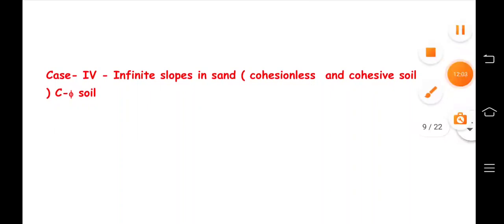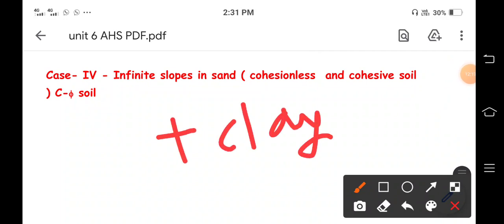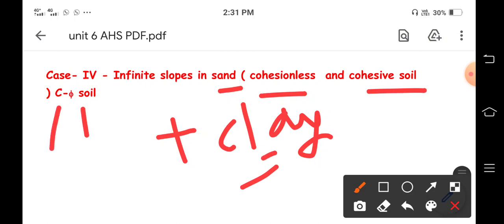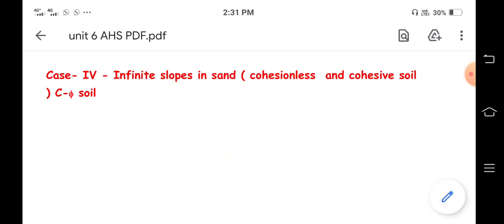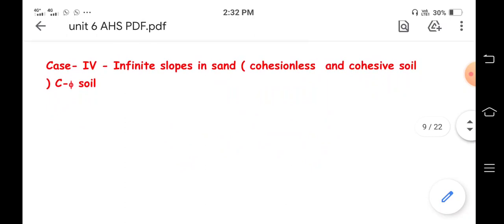Cohesionless soil, that is sand, is called phi soil, and cohesive soil, that is clay, is called C soil. Means in this case both the values of C and phi are present.